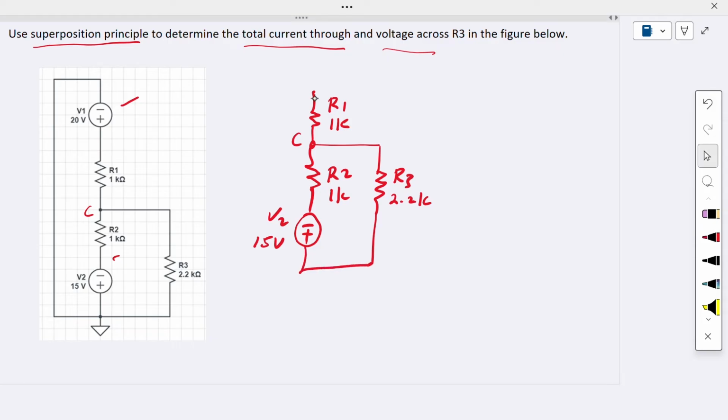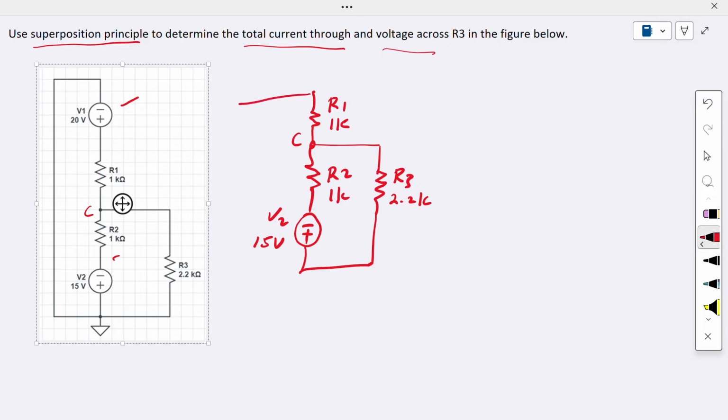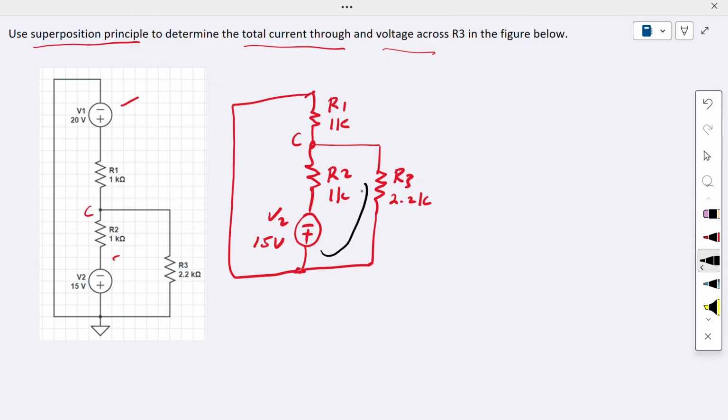Where R1 goes here, it's connected to this, right? Now I want to find the current in R3. Let's assume the current is passing in this upward direction, and we want to find this I2. So I2 is the current contribution from the 15 volt.